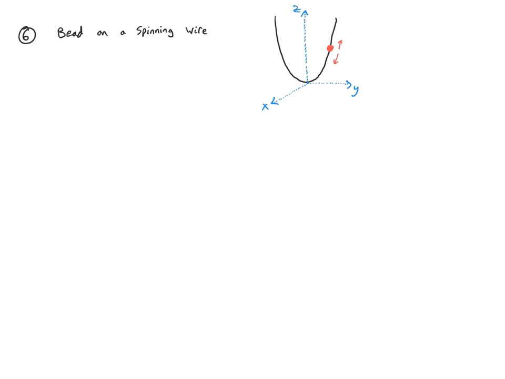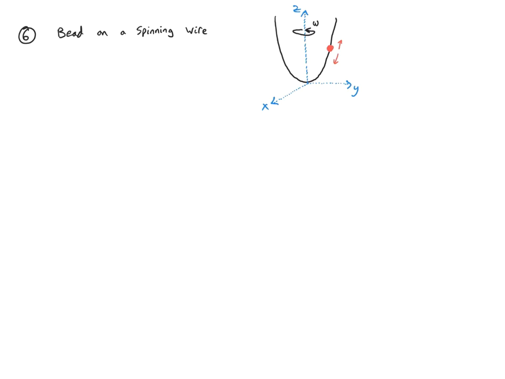Now let's imagine that we start our wire spinning around this axis, which is the z-axis, and it has an angular velocity of omega. So intuitively we can guess what will happen. As we start the wire spinning, there will be a centripetal force which will fling the particle outwards, and therefore it will climb up this wire. That's what we can guess.